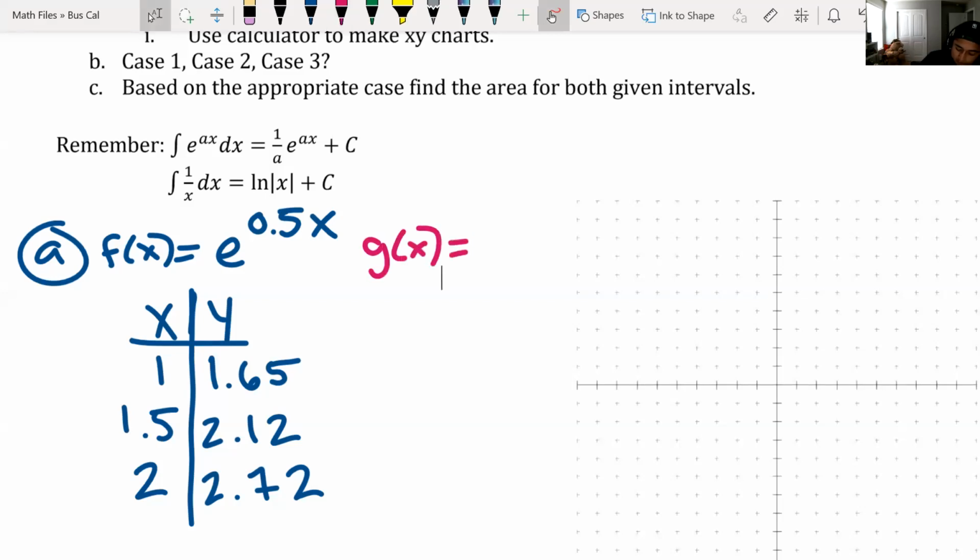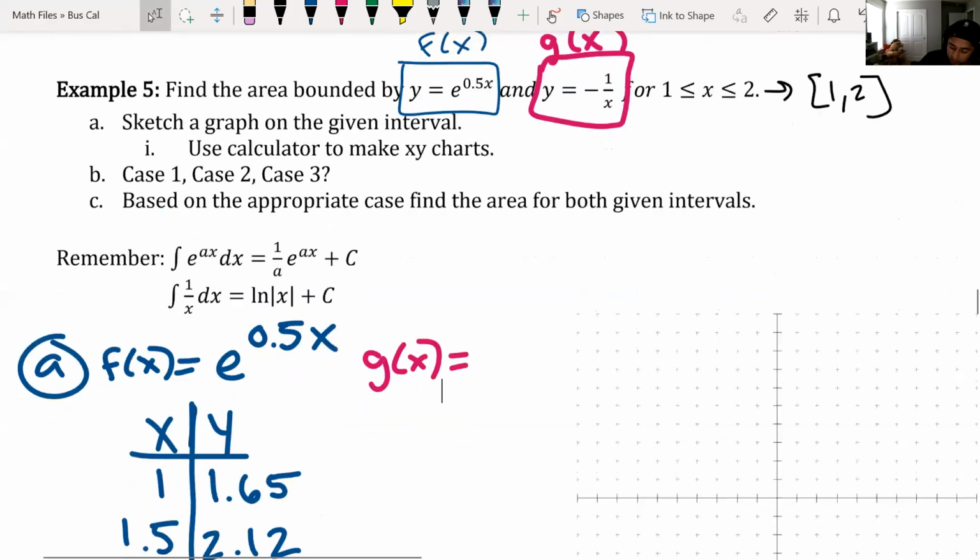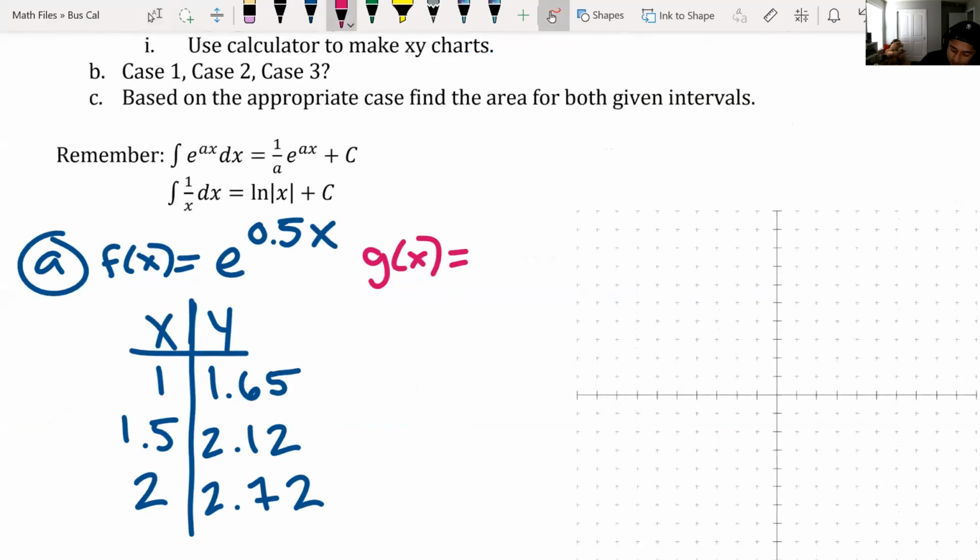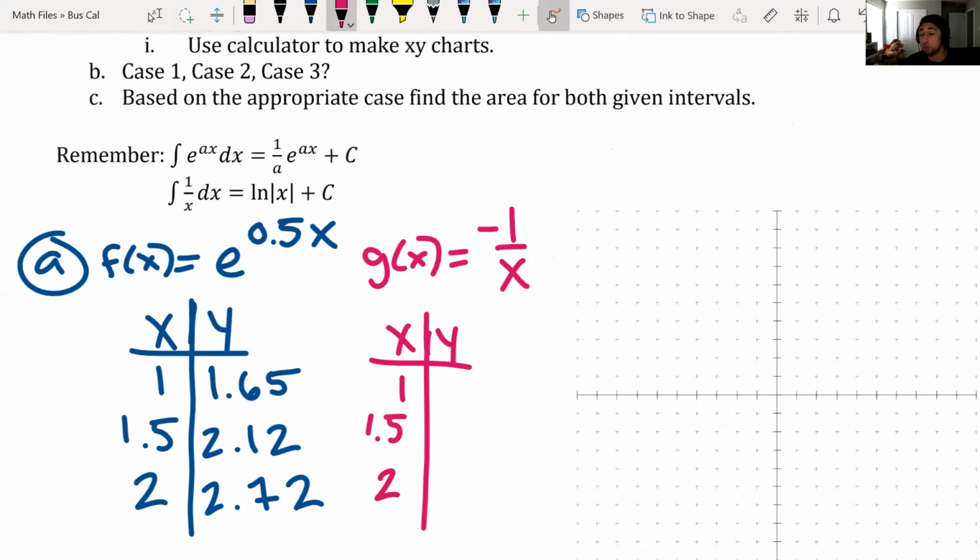And then g of x is what? -1/x. And my xy chart, x and y, same numbers, 1, 1.5, and 2. Let's see, -1/x.